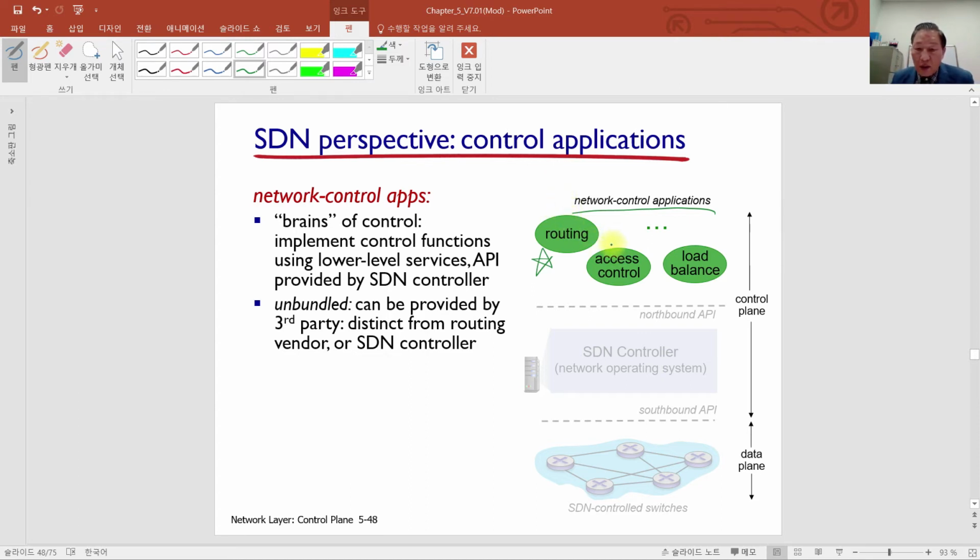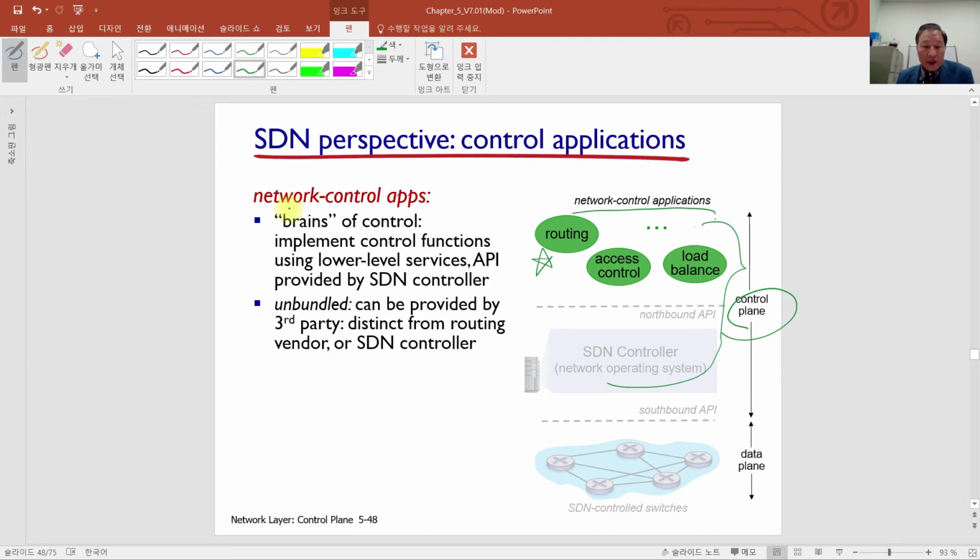For a firewall, if we are considering a firewall, then that is doing access control, also network address translation, and many other applications maybe here to provide some load balancing. A load balancer may be used, and those applications can be here, and they are composing the control plane.